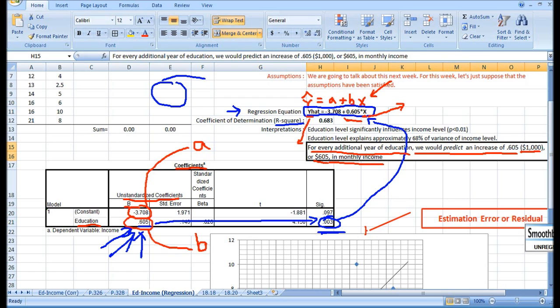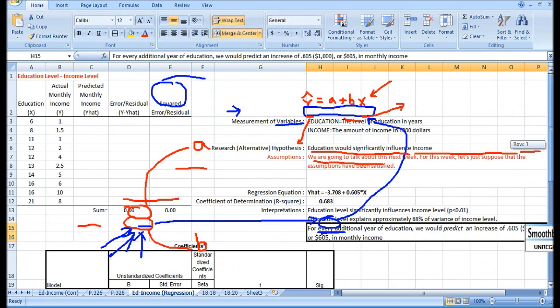Where is this $1,000 coming from? Here. The income level was measured in $1,000. Amount of monthly income in $1,000.